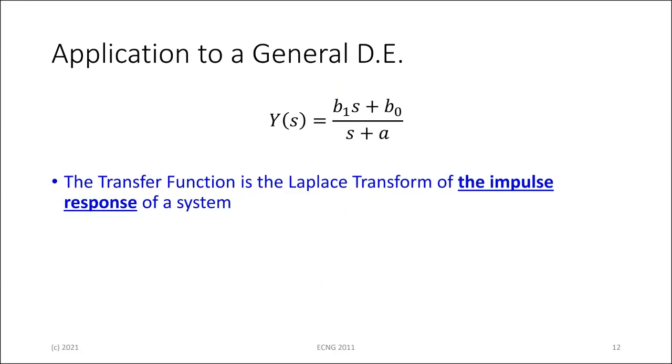So in the formal definition, the transfer function is the Laplace transform of the impulse response of a system. All right, and from that we can move in all sorts of ways, and we will see how we manipulate that a little bit later and the usefulness of that.